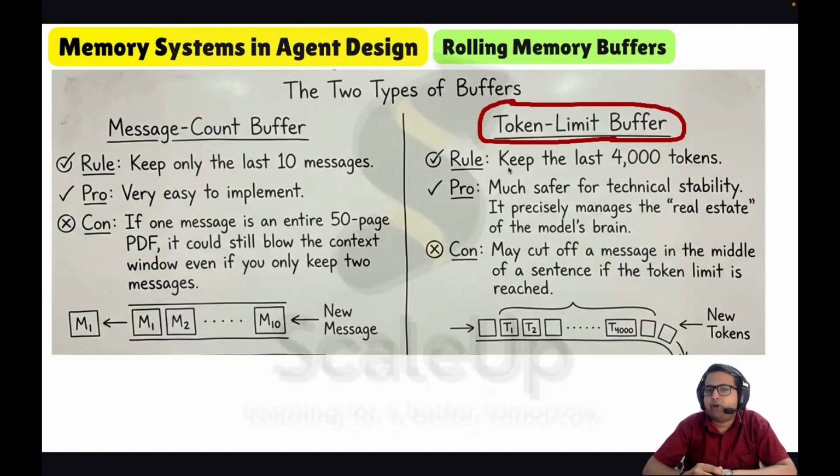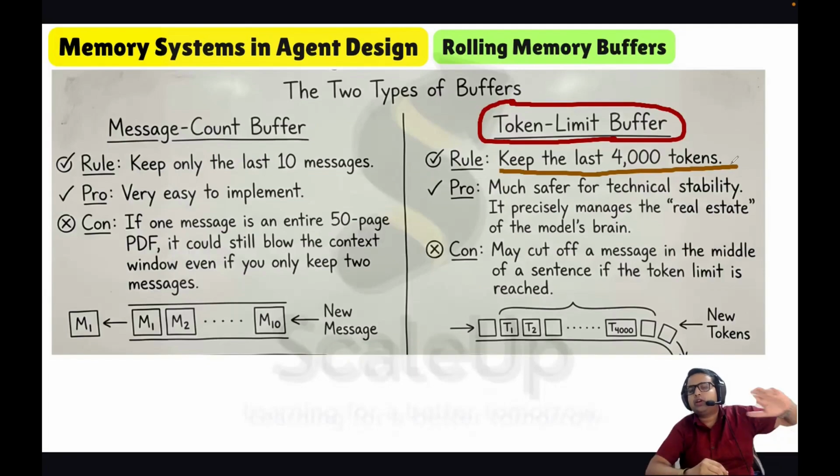It follows a rule like: keep the last 4,000 tokens. So if I have a rolling memory buffer that follows this rule, the idea is that it will hold the latest 4,000 tokens, and all the old, previous tokens, it will flush out from the buffer. So that is the idea of the token limit buffer.